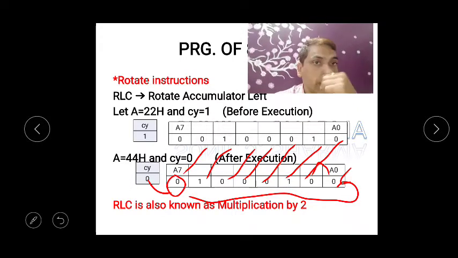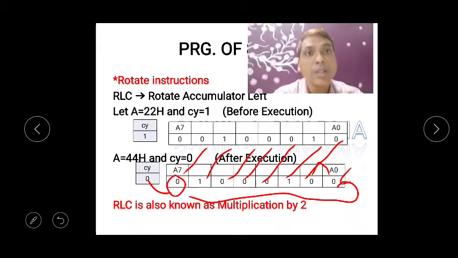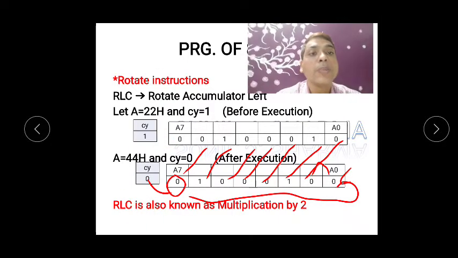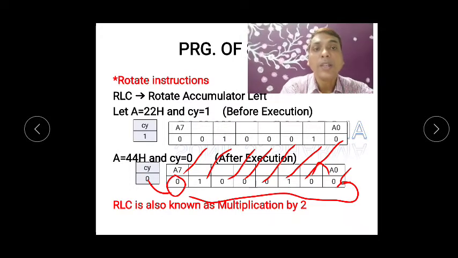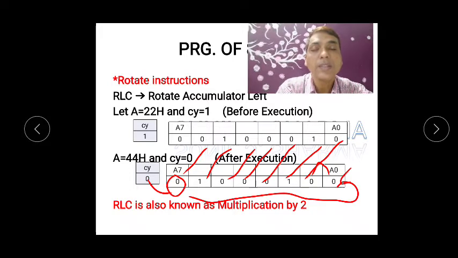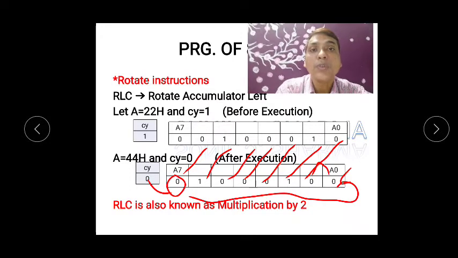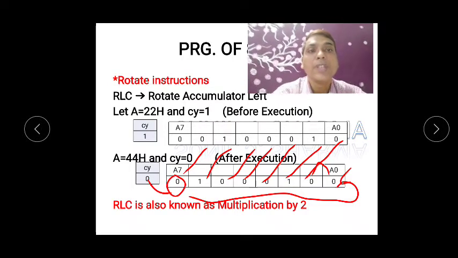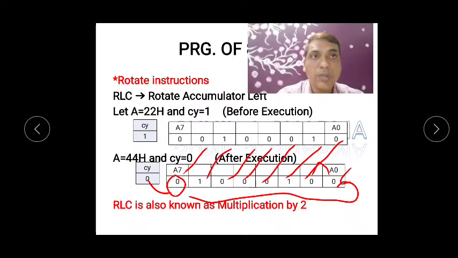Finally we got the value 44. So RLC is known as multiplication by 2. The main difference between RRC and RLC is that RRC is used for division by 2 and RLC is used for multiplying by 2. So there is a relationship between these two instructions.